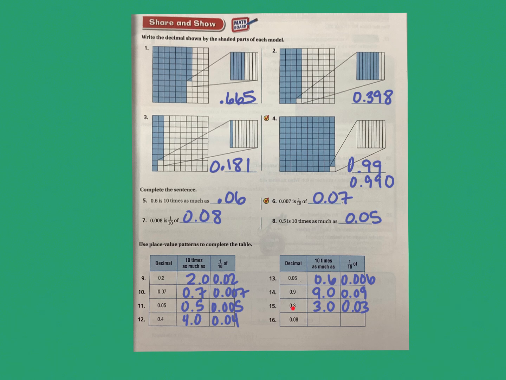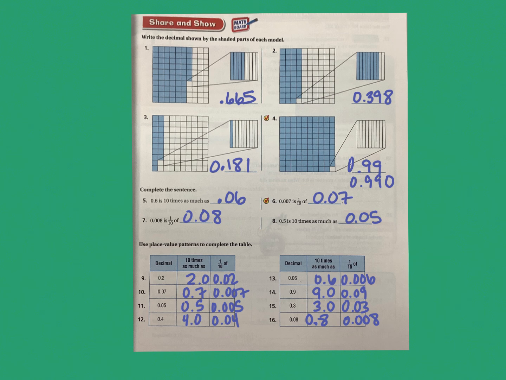And what is 10 times as much as 0.08? 8 times 10 is 80 cents. 8 pennies times 10 is 80 cents. So that is 8 dimes, 0.8. 1/10 of that is going to make us tinier, 8 thousandths.